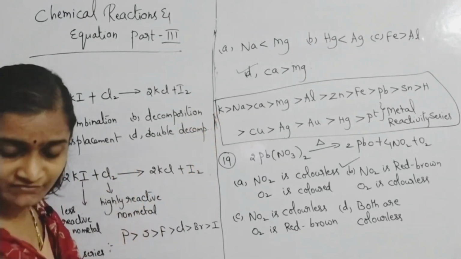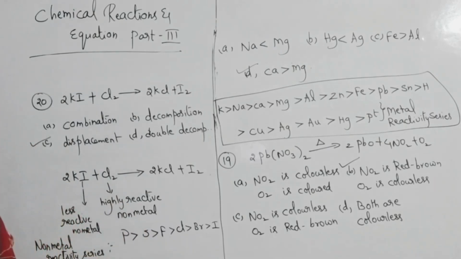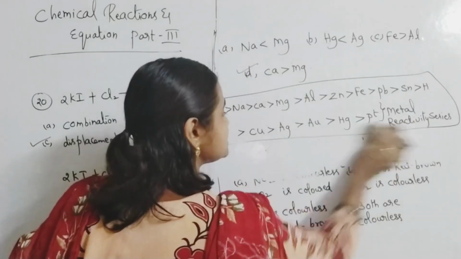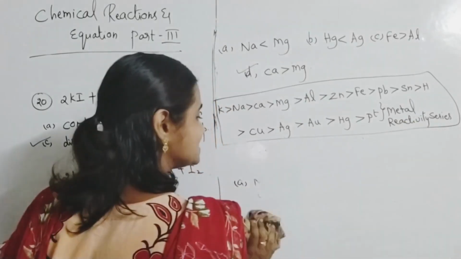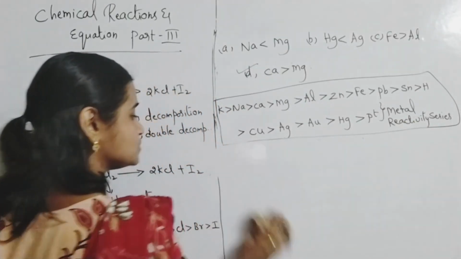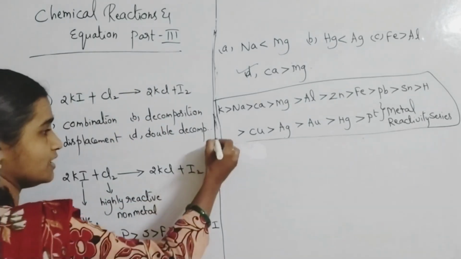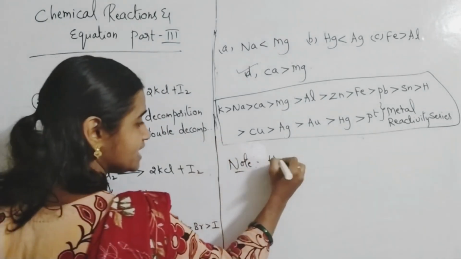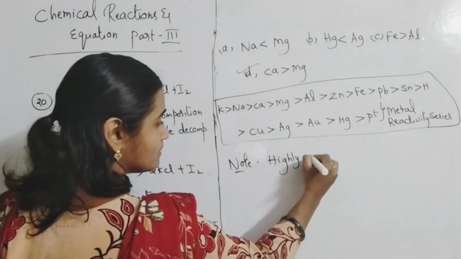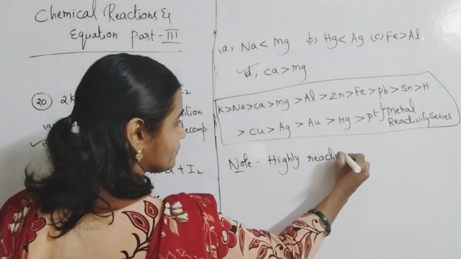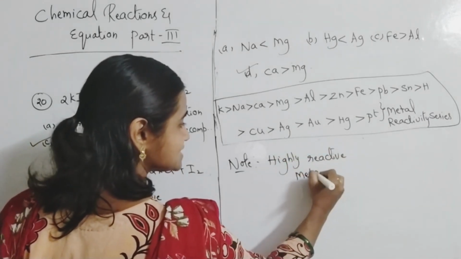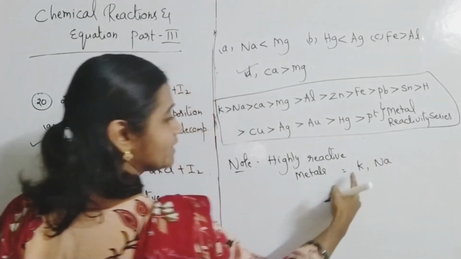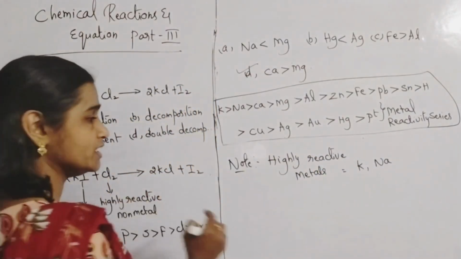Please remember that point. Children mostly get confused with that, so please write it as a note point. Note: highly reactive metals are potassium and sodium. K means potassium, Na means sodium.